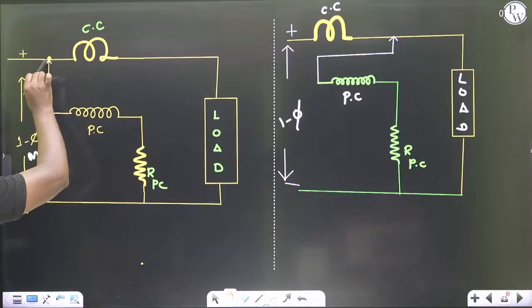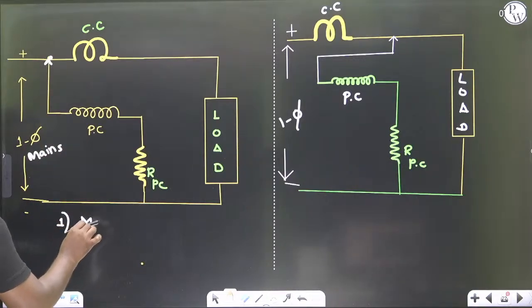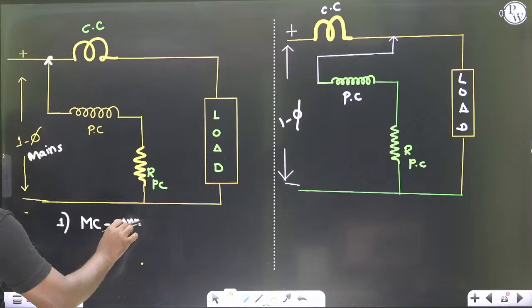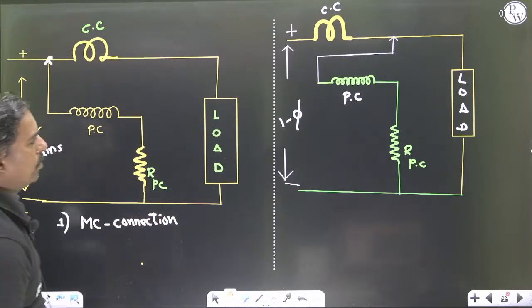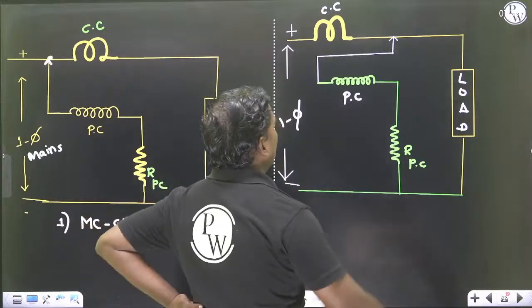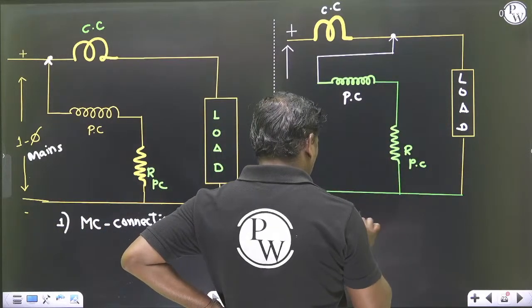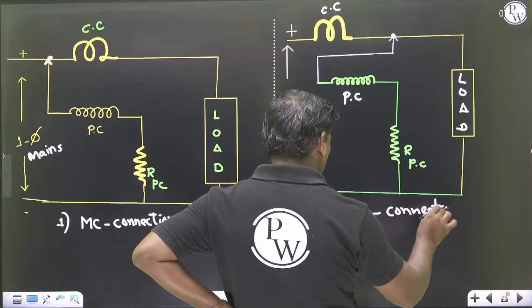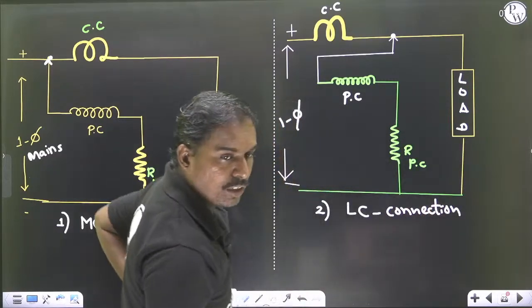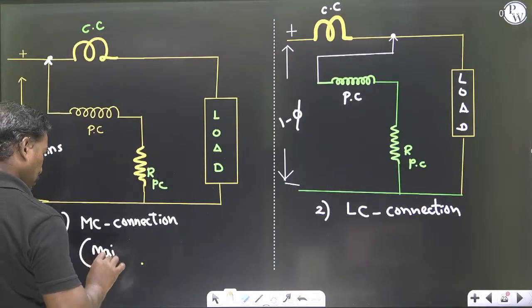That side is called the MC connection. Here the pressure coil is connected at the load side, so it is called the LC connection. MC connection, LC connection.